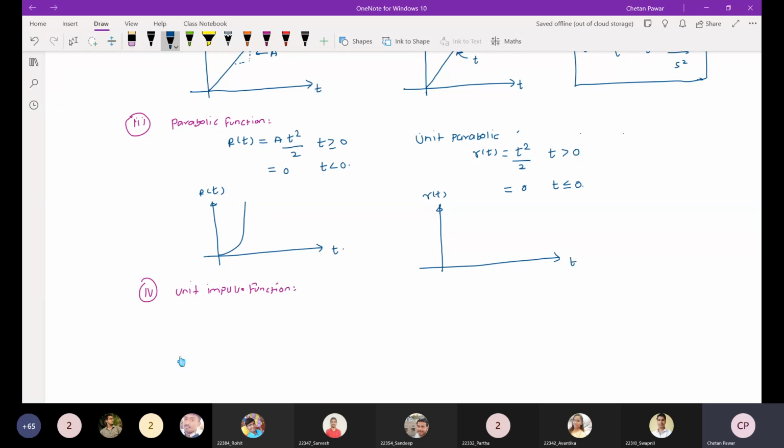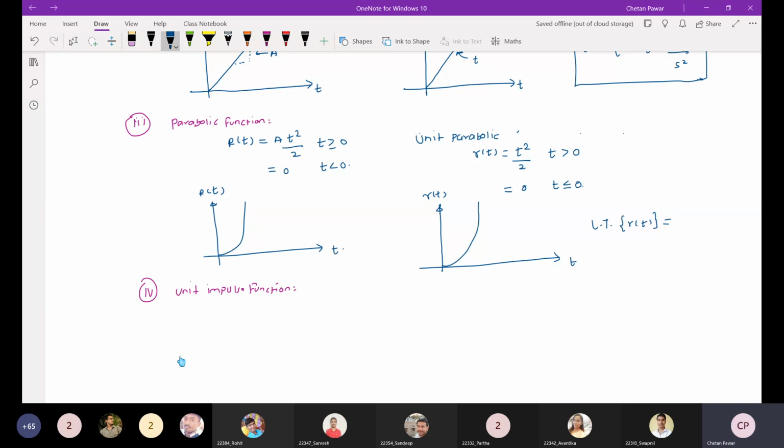So now you tell me what is the Laplace transform here? What is the Laplace transform of the unit parabolic? 2 by s cube?